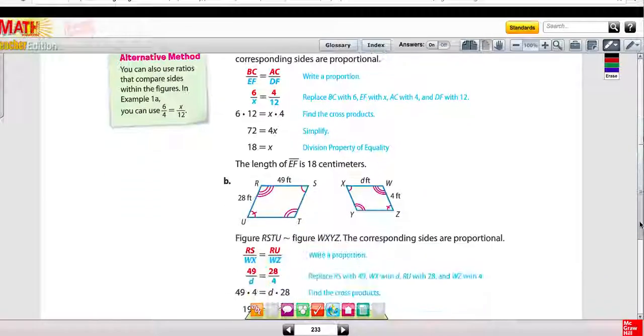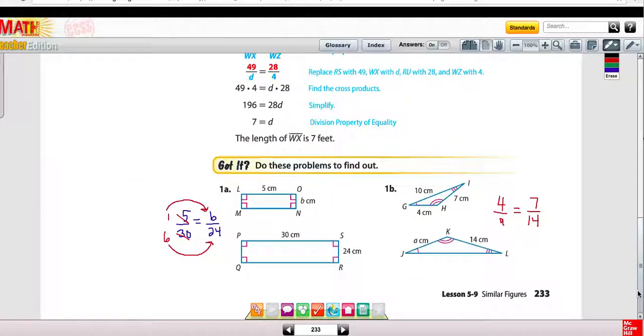So come down here to the bottom of page 233, and I went ahead and set up a proportion for you. In 1a, we have the measure of 5 centimeters over 30 centimeters right here. That's where I have that. And then B over 24.